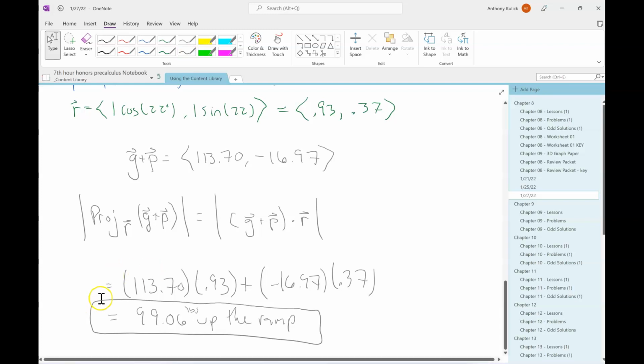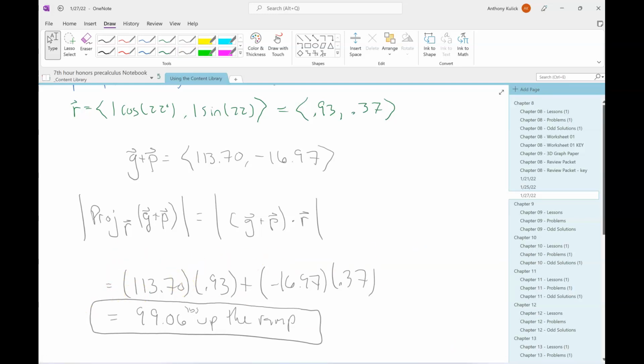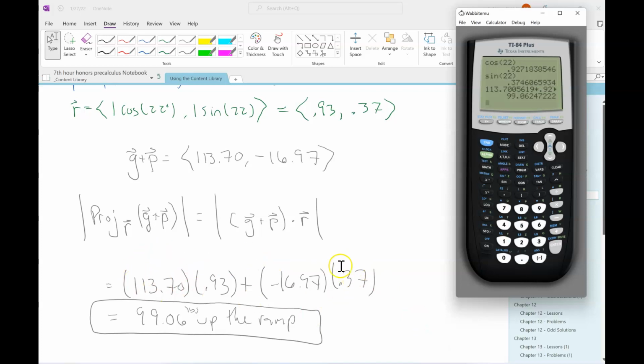Worth pointing out to you that I didn't take the absolute value here, I guess, since the number was positive. If this had come out to be a negative number, that would have implied it was actually sliding down the ramp, that the pull wasn't enough to counteract gravity.